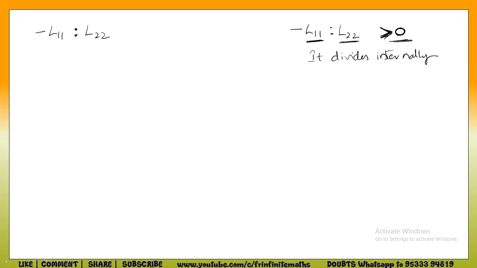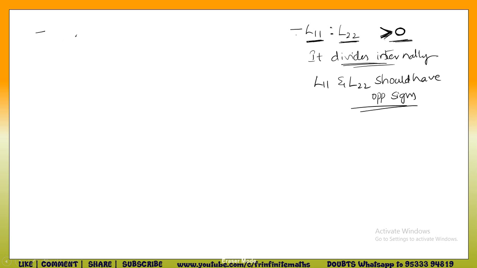Then only negative of negative will become positive, and positive is to positive gives me positive. That means L11 and L22 should have opposite signs. So if L11 and L22 have opposite signs, it divides internally, and if it divides internally, that means they are on either side.